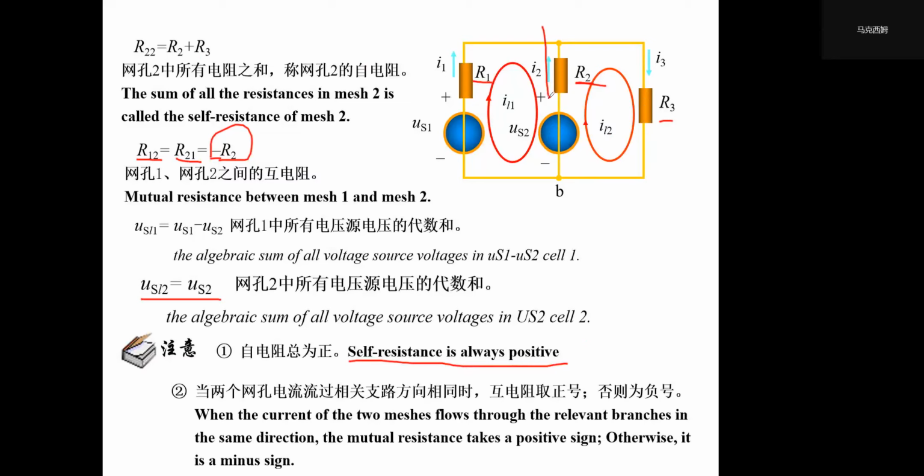If IL1 and IL2 are going in the same direction, we give the mutual resistance a positive sign. Otherwise, if they are going in opposite direction, we give the mutual resistance a negative sign. So that's how we define the self-resistance, the mutual resistance, and the mesh voltage of the source.